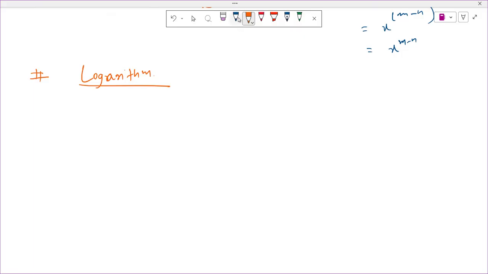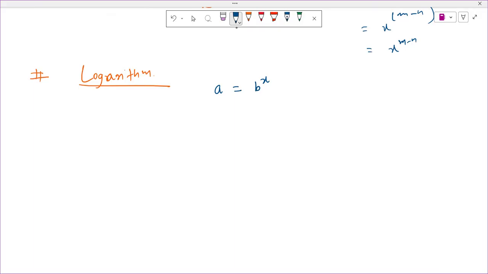So let's say we have some representation. We have a number a, and this is equal to b to the power x. So you understood the meaning of power: if you have repetition of the same number in multiplication, you can write that as a power.